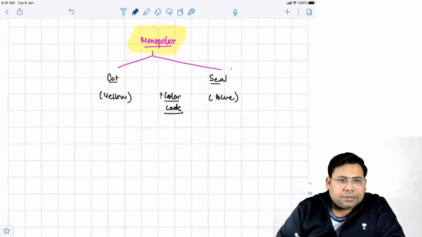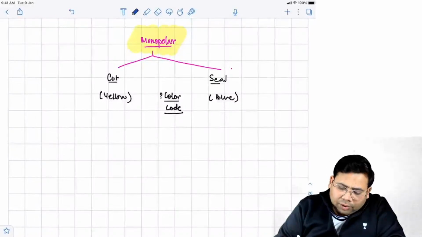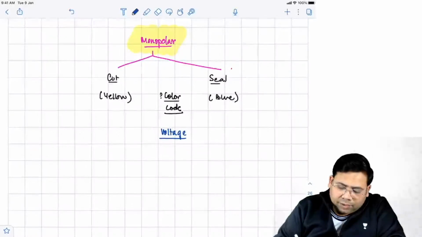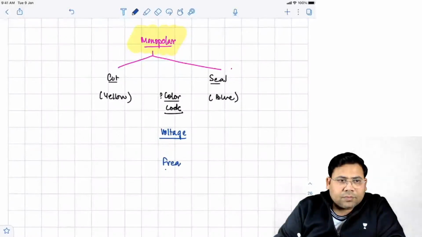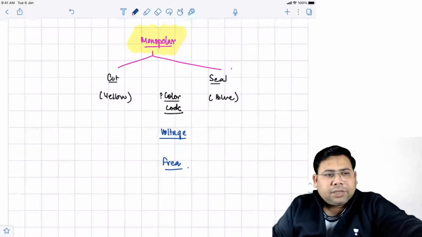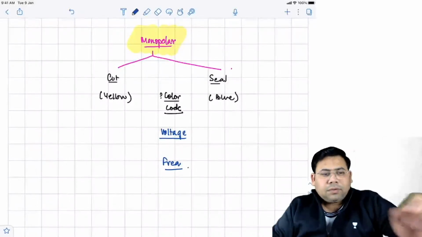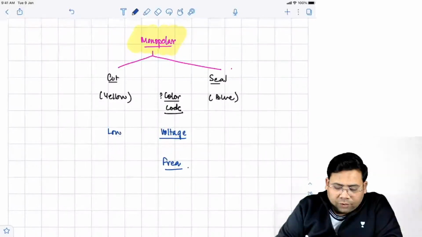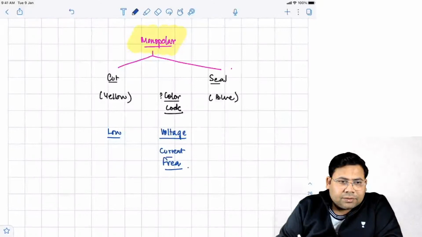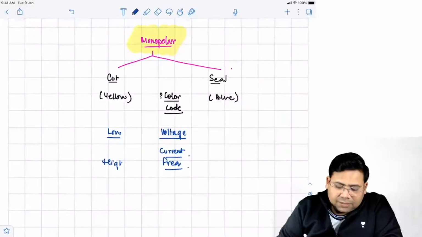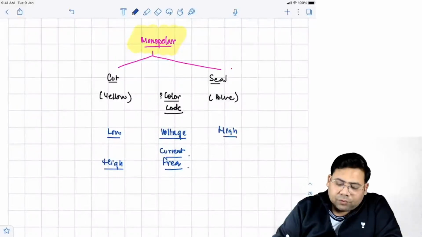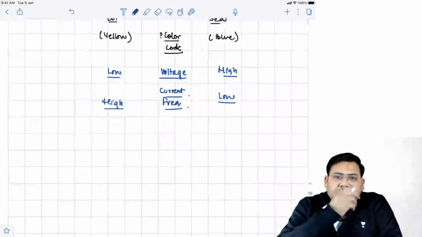When you talk about the voltage and the frequency, voltage is low for cut, and current frequency is high. Similarly, the voltage for seal is high and the current frequency is what? Low. But how is this going to be different?